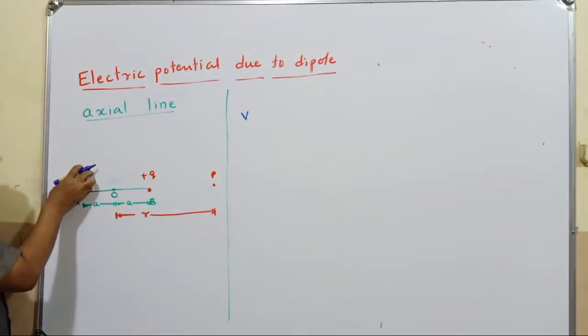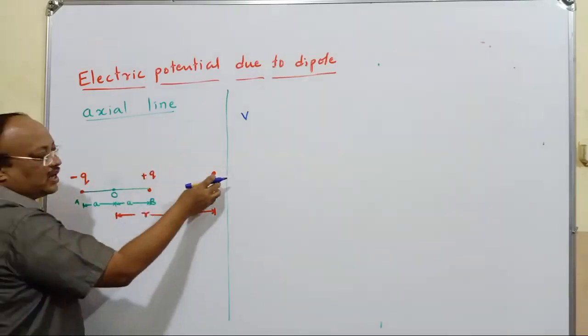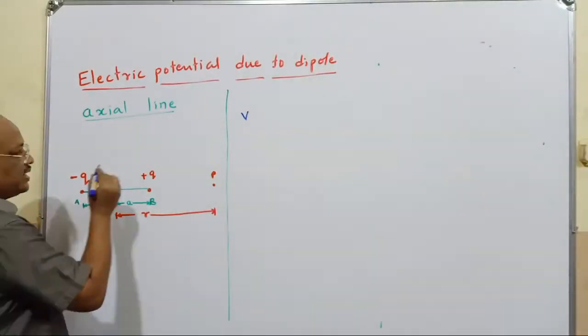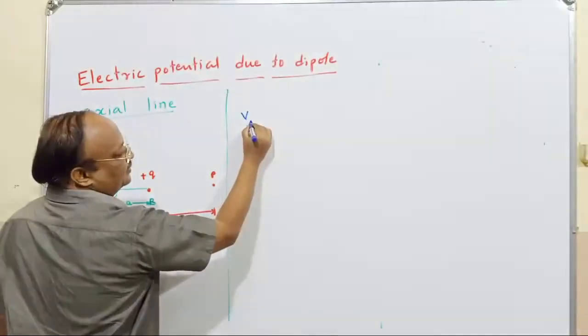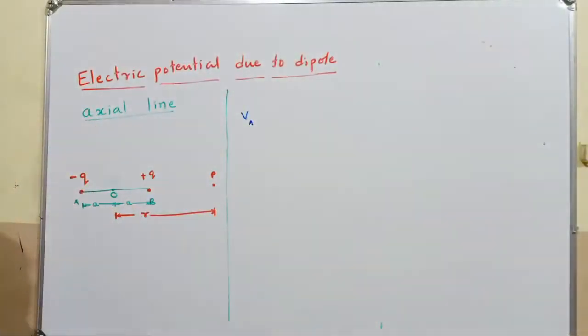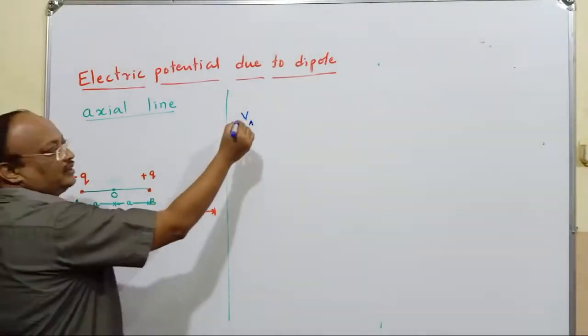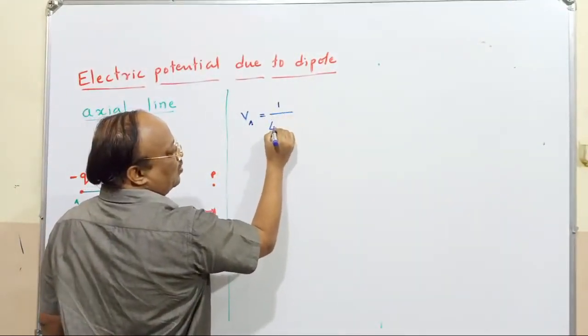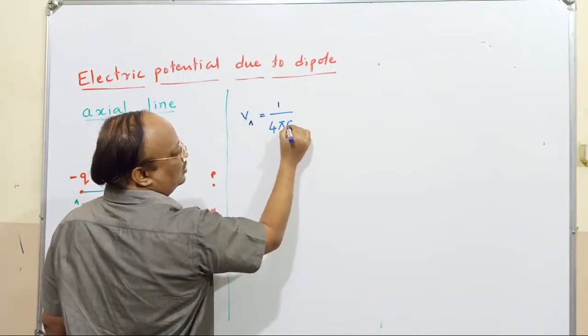Because of this minus q charge, what is the potential at this point? Since it is at position A, I write it as VA. This is equal to 1 by 4 pi epsilon naught.